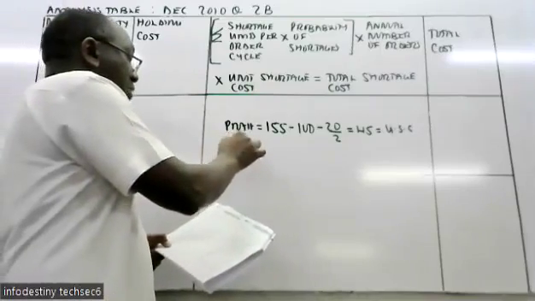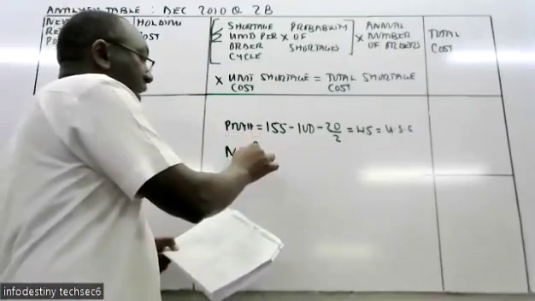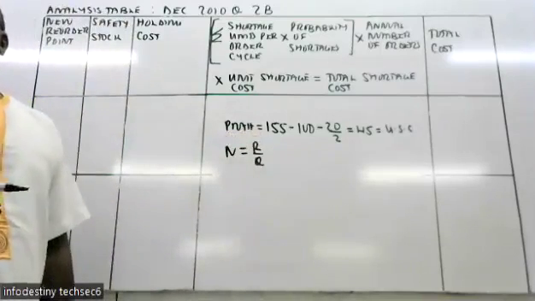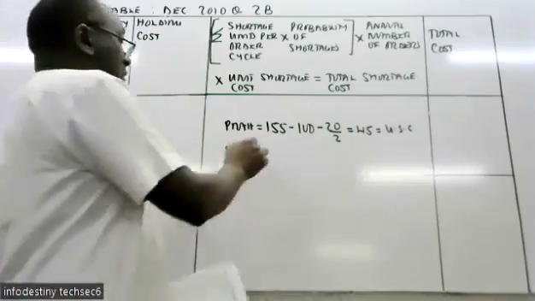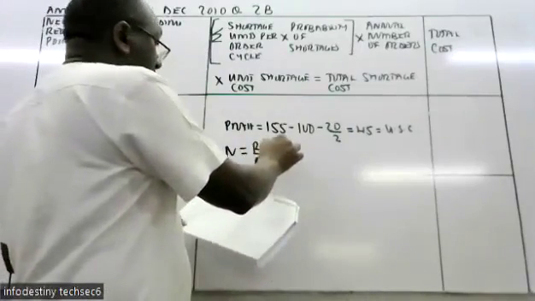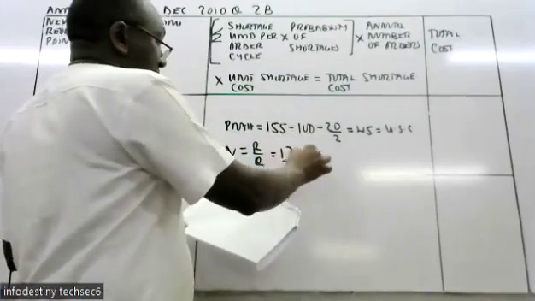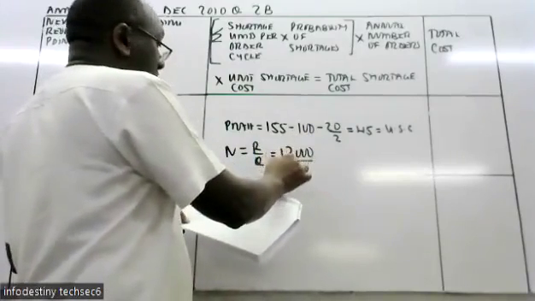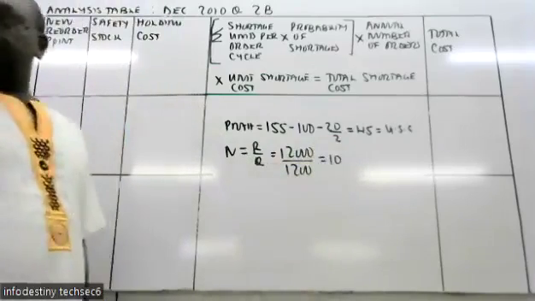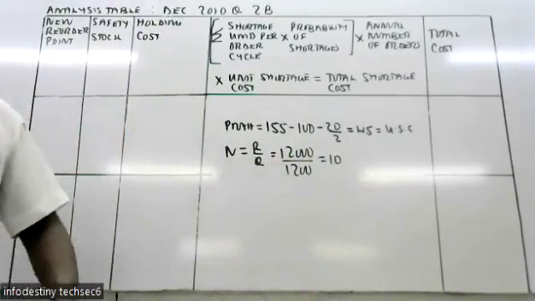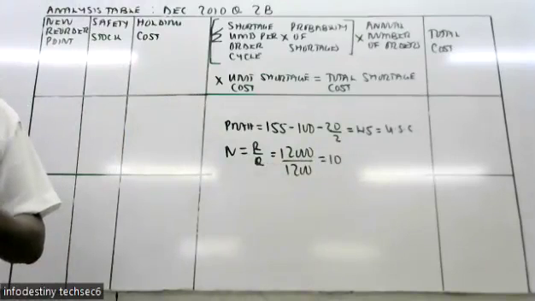Write N. We know the formula for N is R over Q. We are told R is 12,000 and Q is 1,200. So that must be 10.